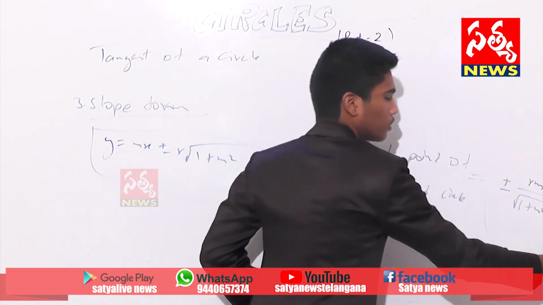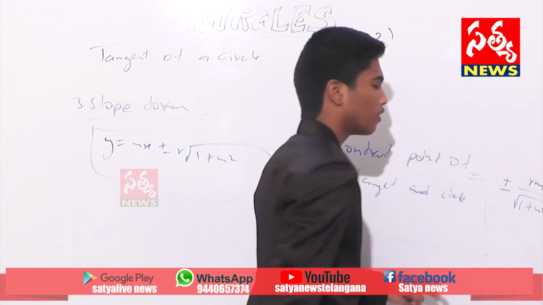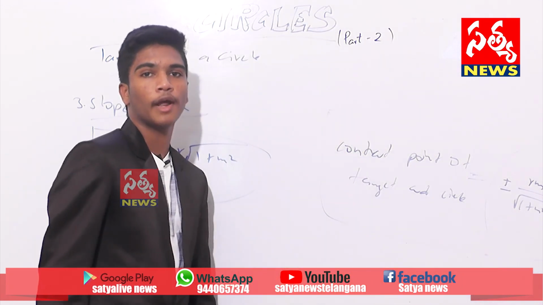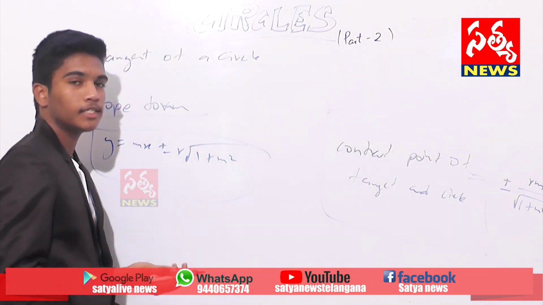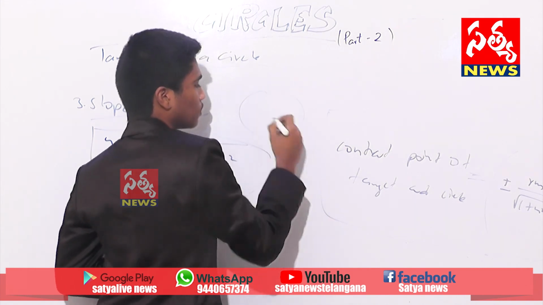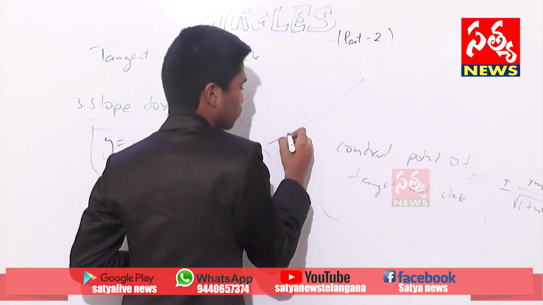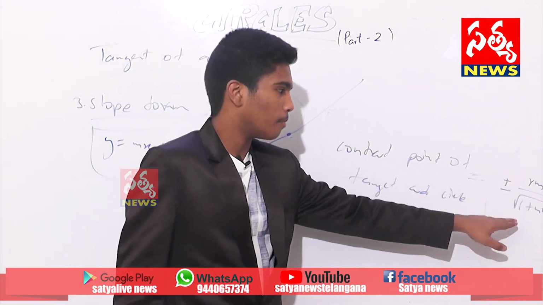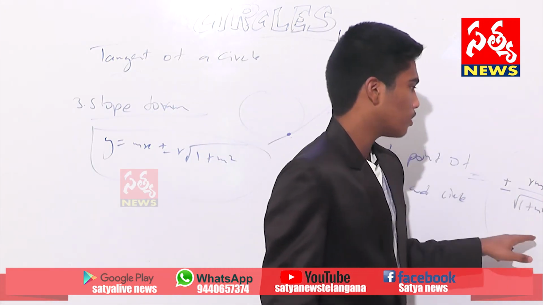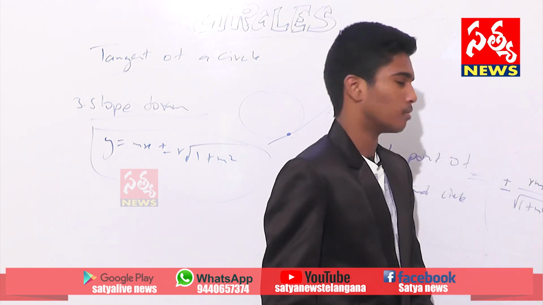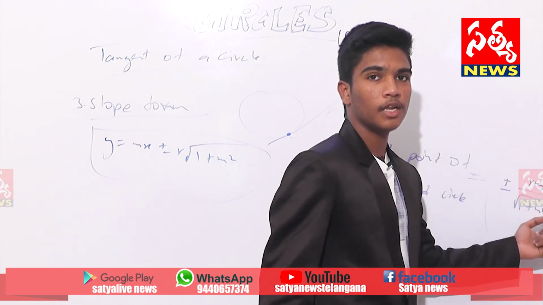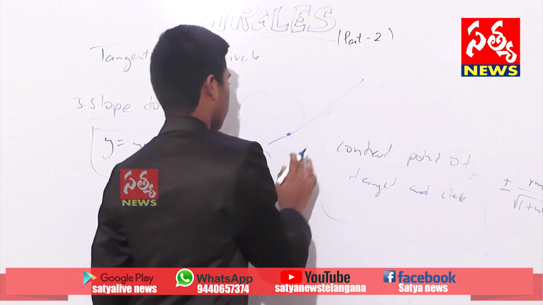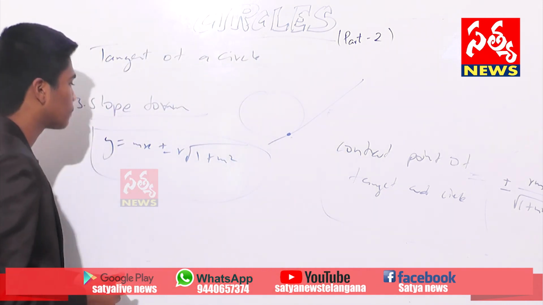This is the formula to find the point of contact of a circle and its tangent, where r is the radius of the circle and m is the slope of the line. What else? The tangent.